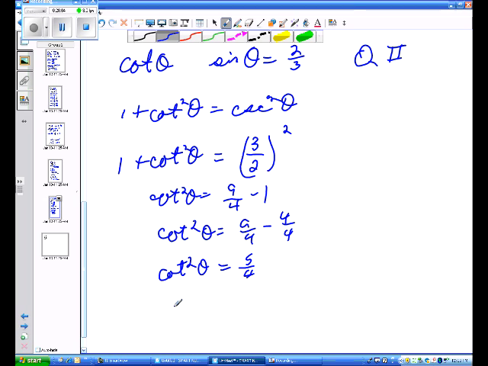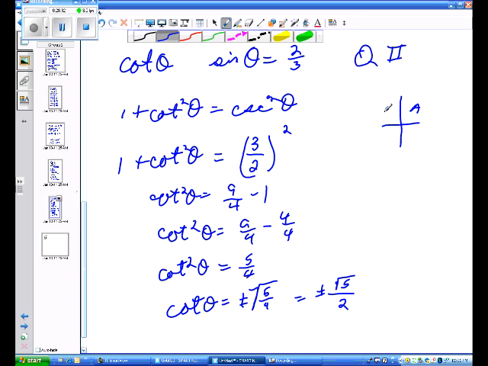Well, that's the cotangent squared. We want the cotangent, so we take the square root: plus or minus the square root of 5/4. We can't take the square root of 5, but the square root of 4 is 2. Now we have to decide, is it plus or minus? We're in quadrant 2. In quadrant 2, cotangent is negative.